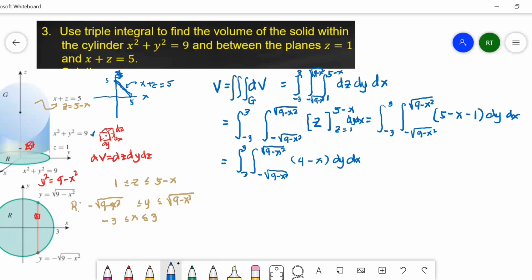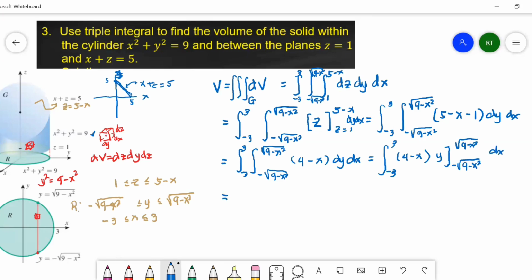dx. Since x is temporarily held as constant, for the inner integral 4 minus x is constant, and the integral of dy is y, where y goes from negative square root of 9 minus x squared to positive square root of 9 minus x squared, times the differential of x.